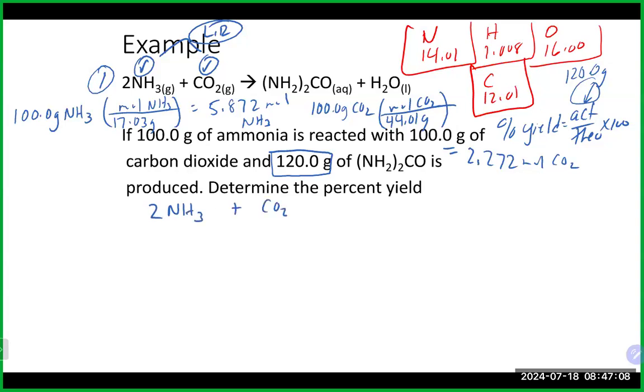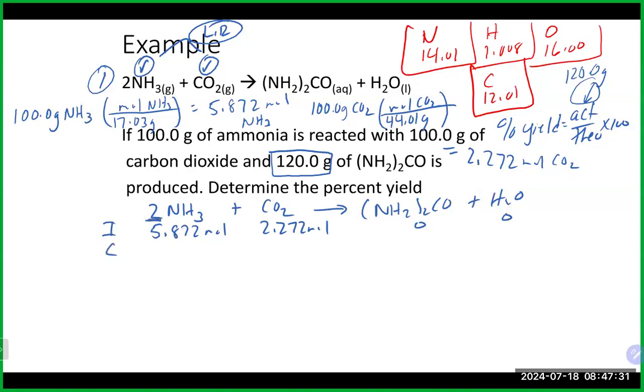NH3, CO2, (NH2)2CO, and H2O. So again, initially we're going to put our moles of each of these. So we got 5.872, we have 2.272, and again, 0 and 0. Change, again, we want to make sure we take the coefficient into account.